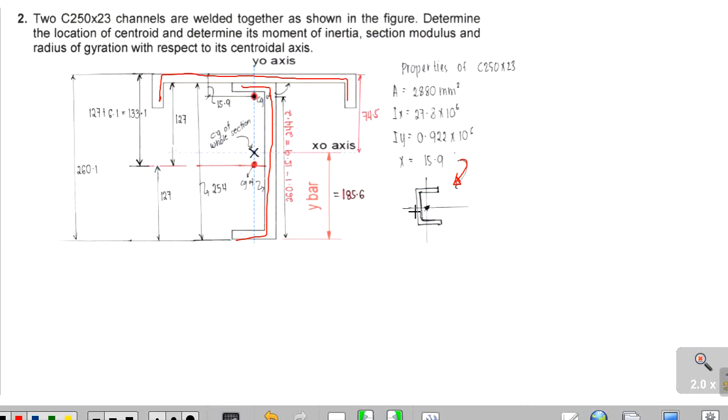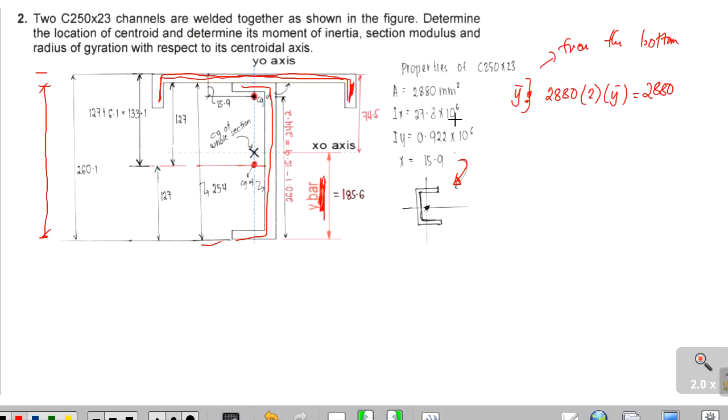So we have to solve for the location of the centroid. The depth of C250 by 23 is 254 mm, and the thickness of the web of the C channel, tw, is 6.1.